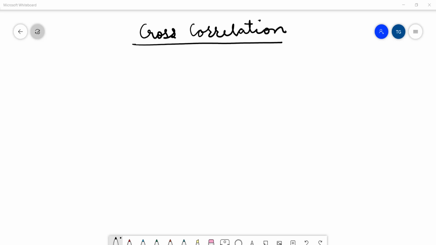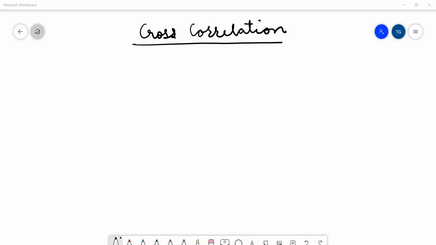That means the cross correlation between two signals indicates how much one signal is related to the time delayed version of another signal. So how can we mathematically express this kind of function?